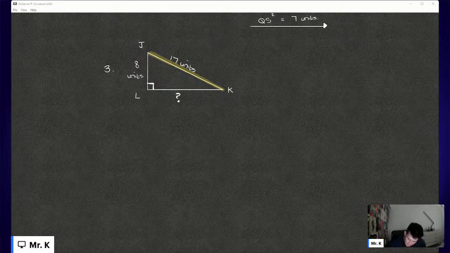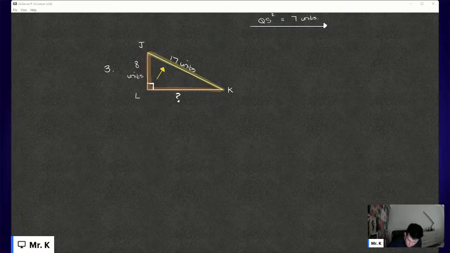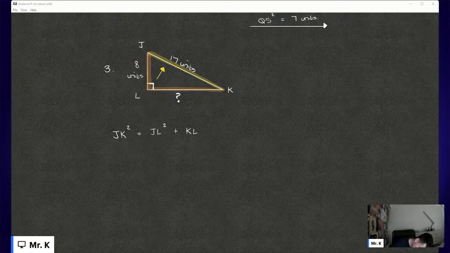We know that's the hypotenuse because it is opposite our square angle, our right angle. We know that that side is the sum of our 2 shorter sides of the triangles. So let's start with that. We know that side JK squared, our hypotenuse, is JL squared plus KL squared.